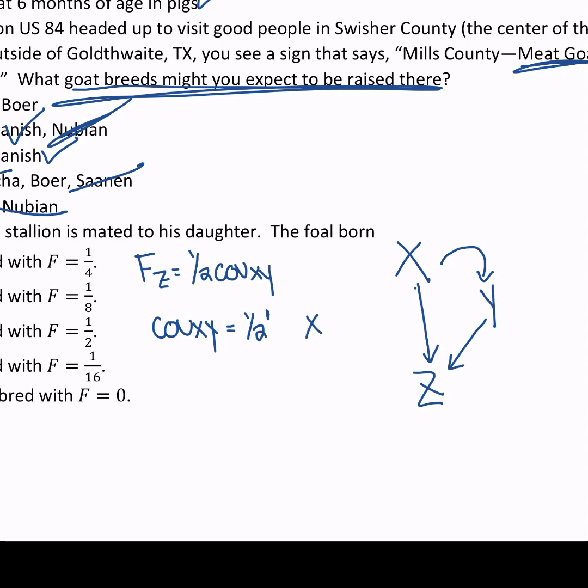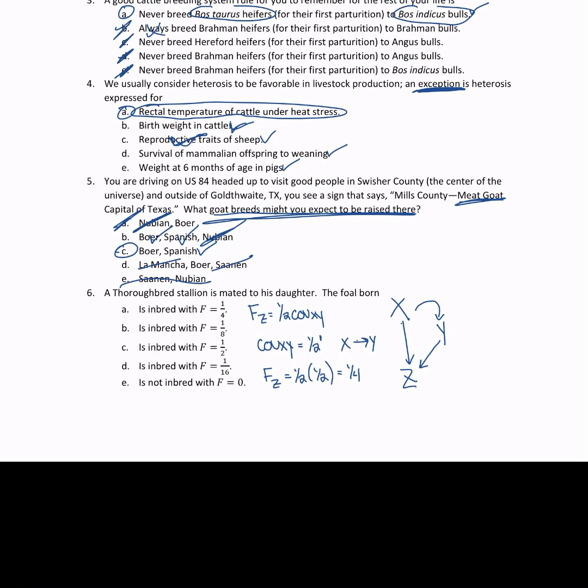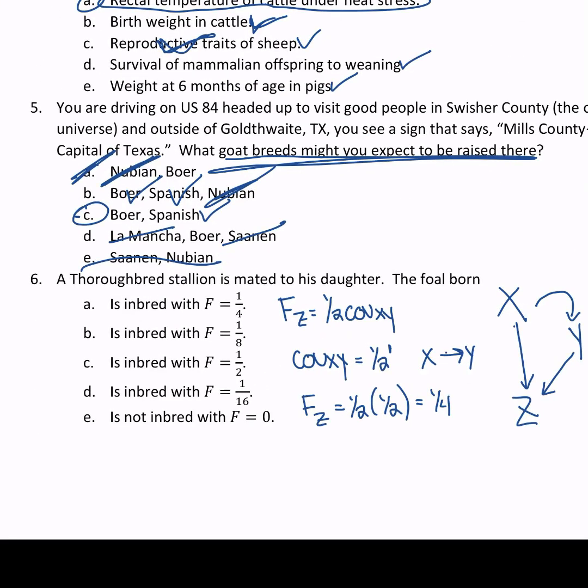You'd write it out like this in your table. And since F of Z is half the covariance of X and Y, F of Z would be a quarter. So the correct answer for this thoroughbred stallion who's mated to his daughter, that foal born will have an inbreeding coefficient of a quarter.